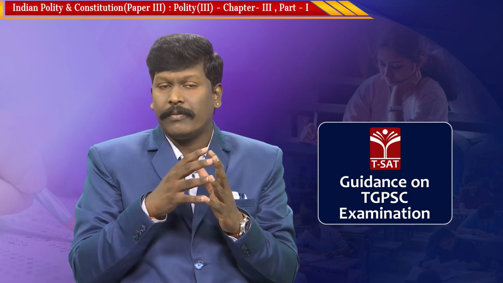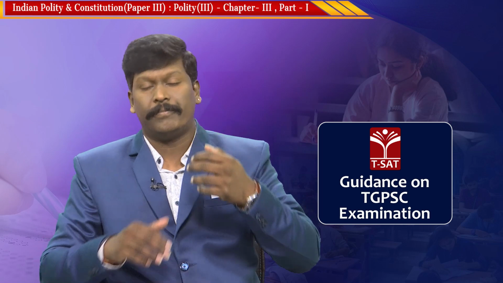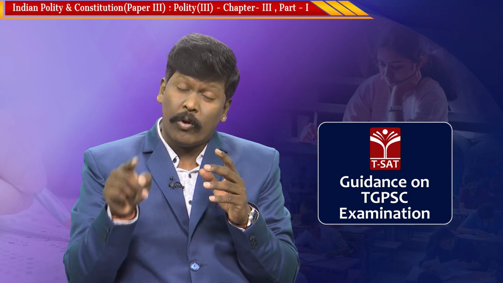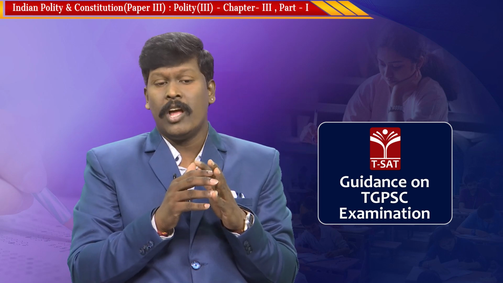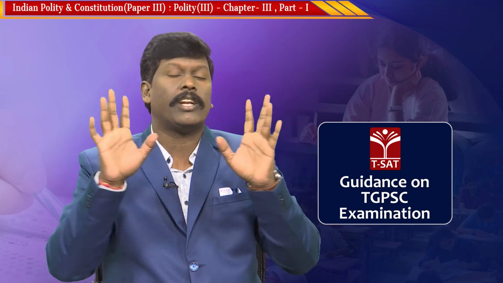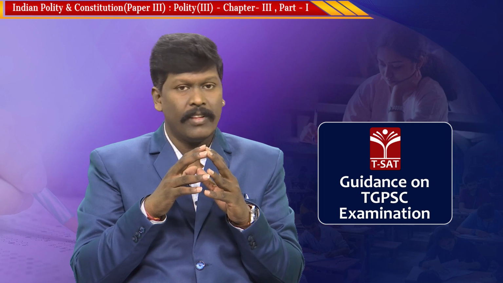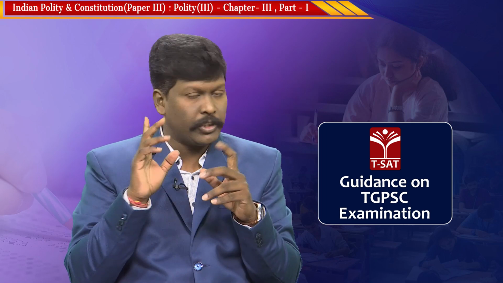The first one is, there is an urgent need for a law. The second one is, both Lok Sabha and Rajya Sabha, or Lok Sabha or Rajya Sabha is not in session, that is in recess. There are two circumstances, both should be satisfied.